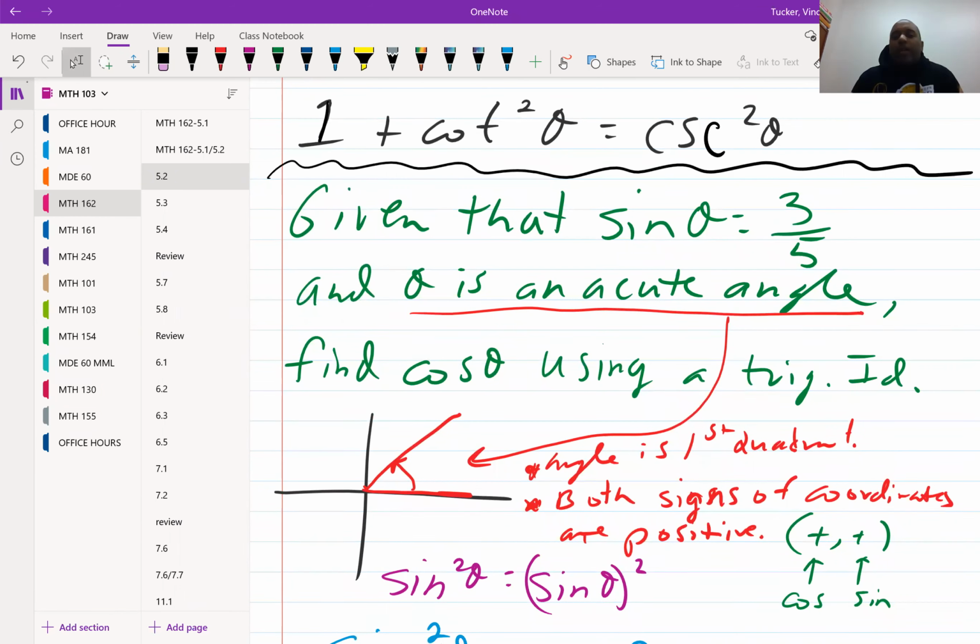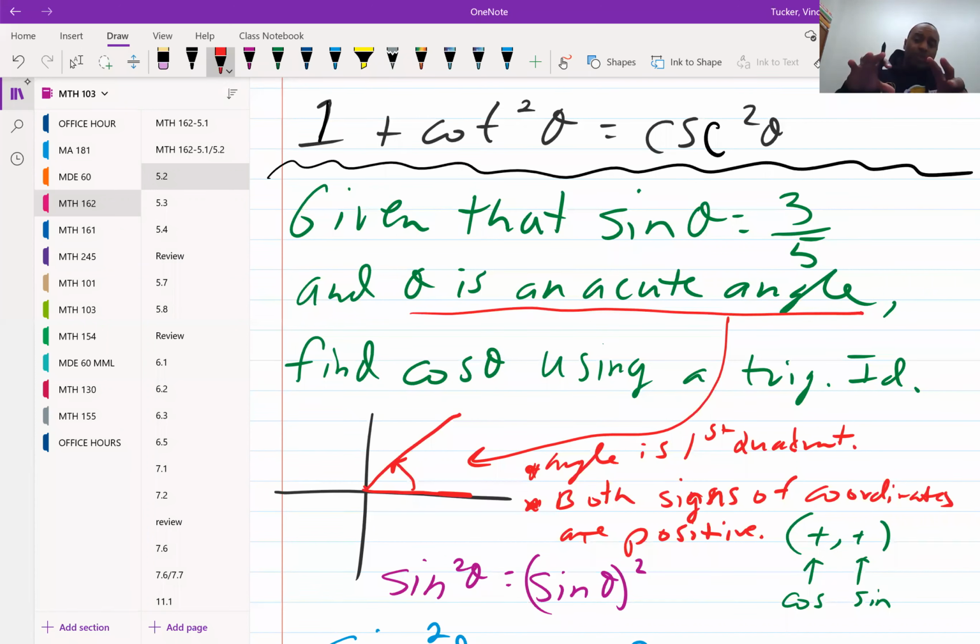All right, so in the red, they're giving us a hint as to what sign our result should be.